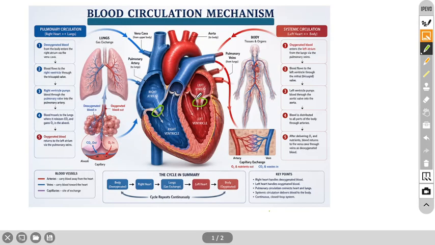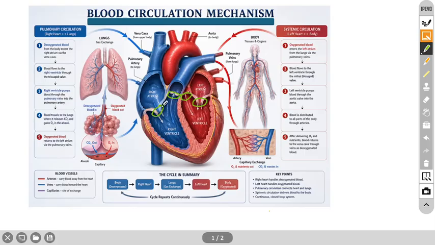The right ventricle and the pulmonary artery are connected through the pulmonary valve, and the left ventricle is connected with the aorta through the aortic valve.